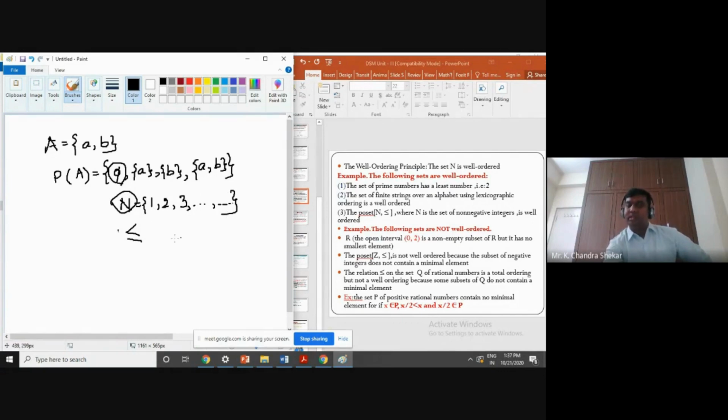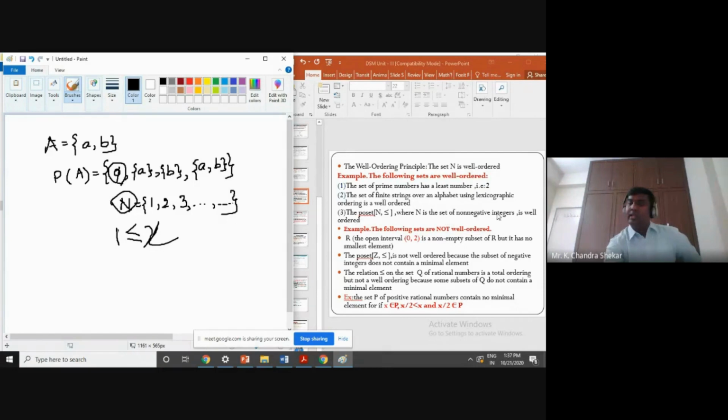Whatever element you consider from this set, I can relate it with respect to 1, as 1 is less than or equal to any element. Let me take x in general. So I have the minimum element, and the minimal element is contained in the given set. So I can call this a well ordered set.